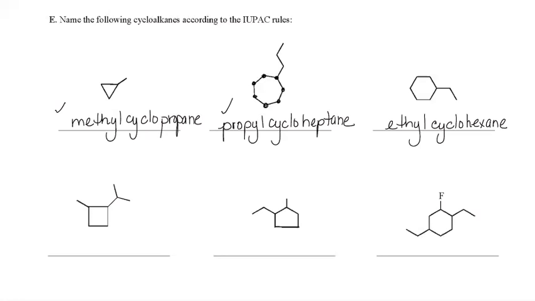So let's go through the first one on the second row. What would be the name of that? I agree with that name. 1 isopropyl, 2 methyl.